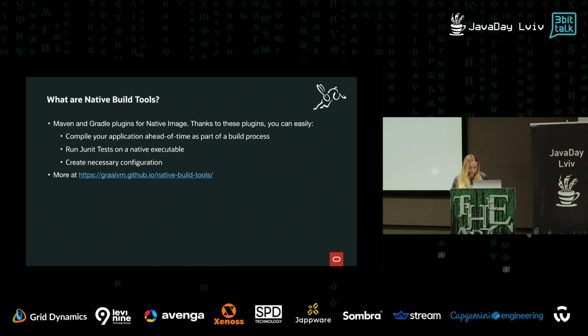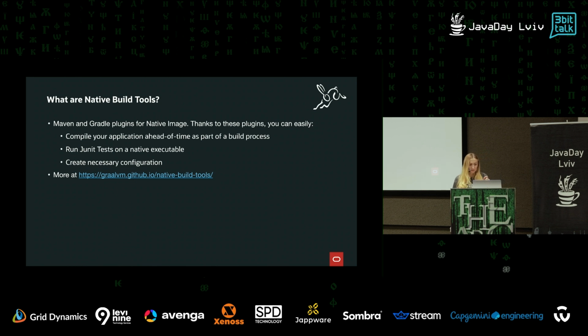And next, what I want to mention before we go to the demo part, are the native image build tools. These are Maven and Gradle plugins that we also develop and publish to help users really use native image. The plugins help you test, configure, and build native executables as part of your Maven or Gradle build.